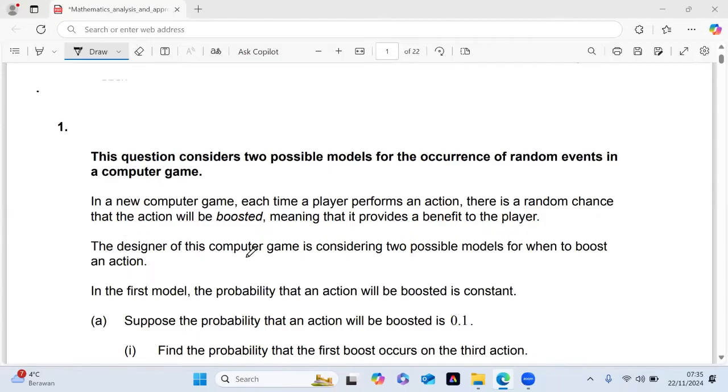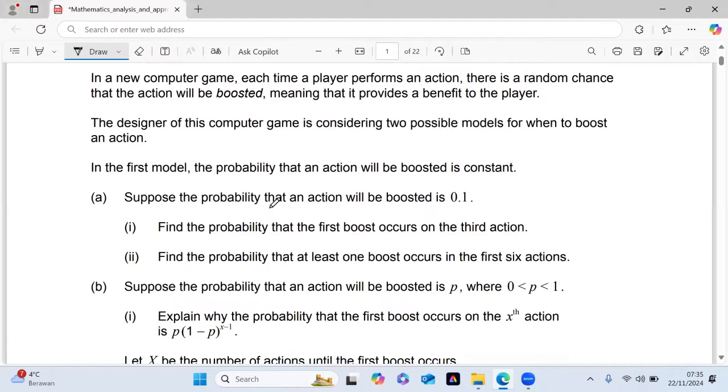The designer of this computer game is considering two possible models for when to boost an action.